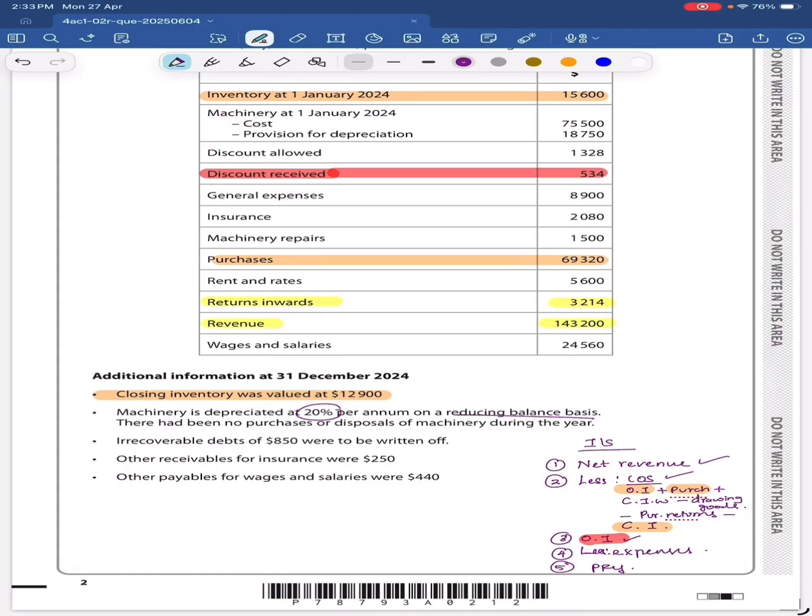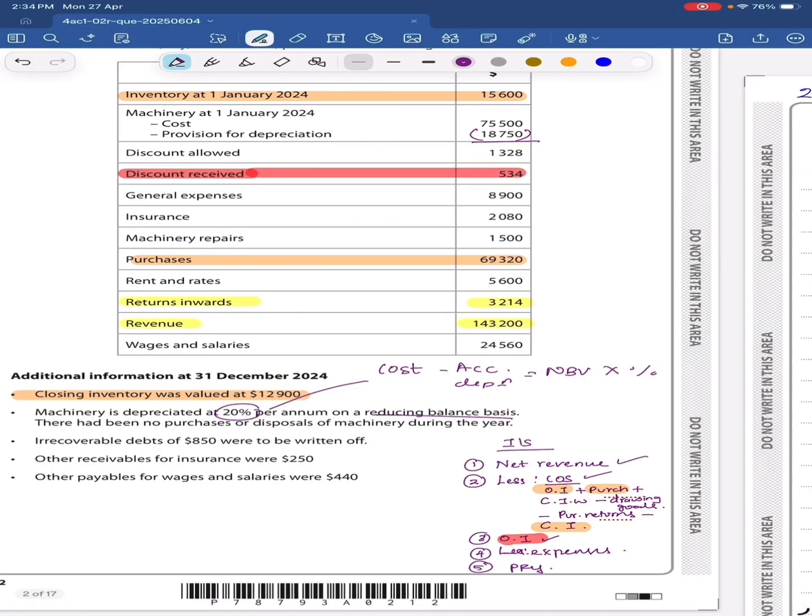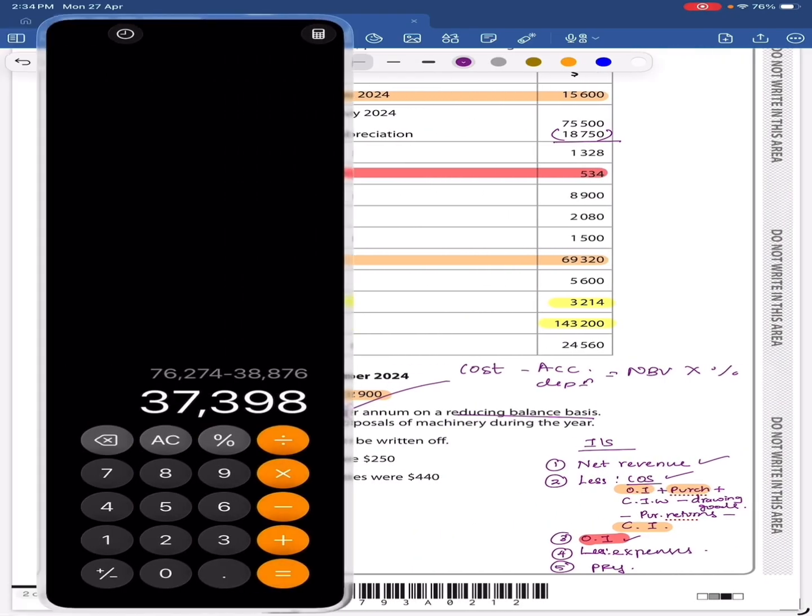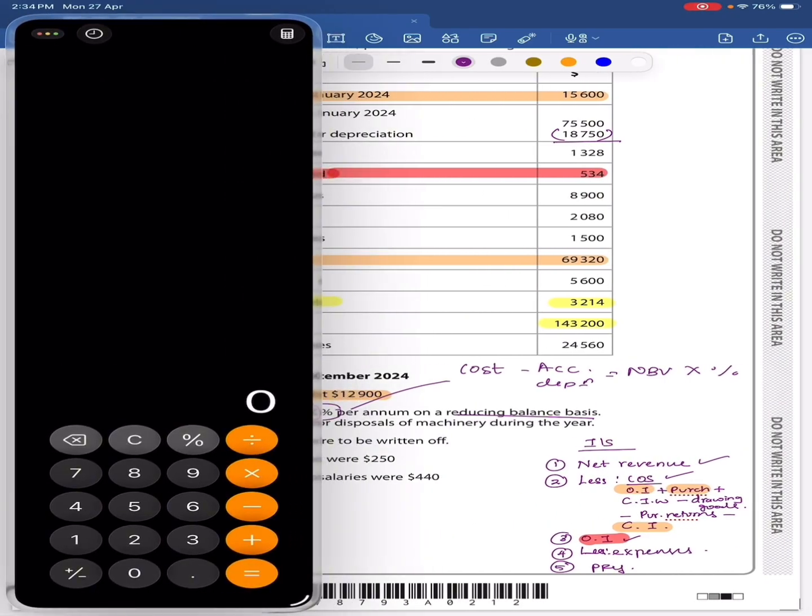So how do we calculate depreciation for the reducing balance method? Take the cost, take away the accumulated depreciation, find the net book value, and then calculate the percentage. So we have the cost and the accumulated depreciation over here.